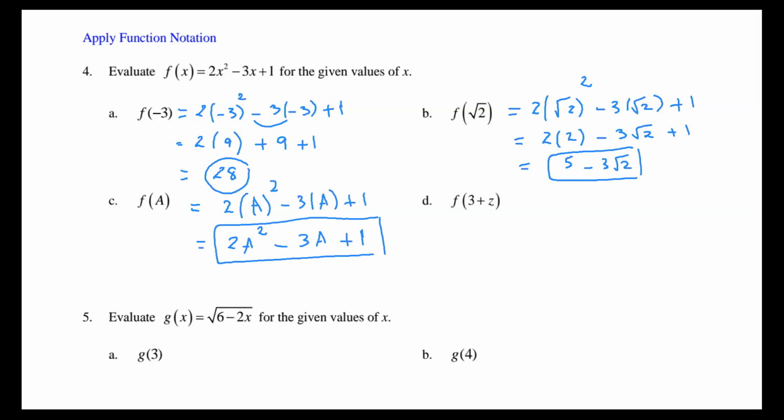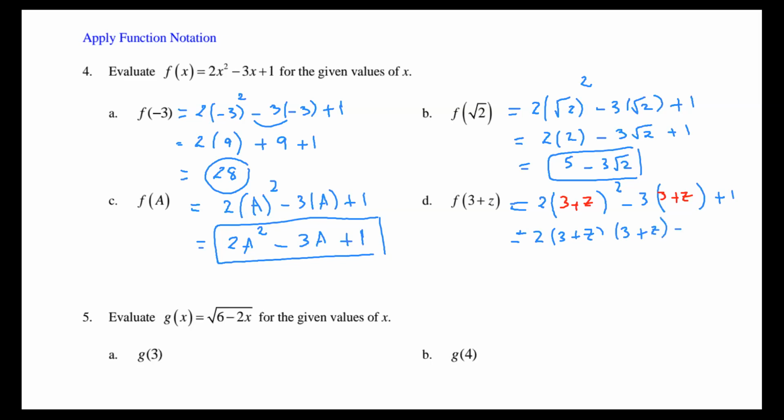So the next one, problem D, same thing. We are going to plug in 3 plus z for x. So I'm going to use a different color here. So it's going to be 3 plus z squared, which means you can expand this like 3 plus z times 3 plus z.